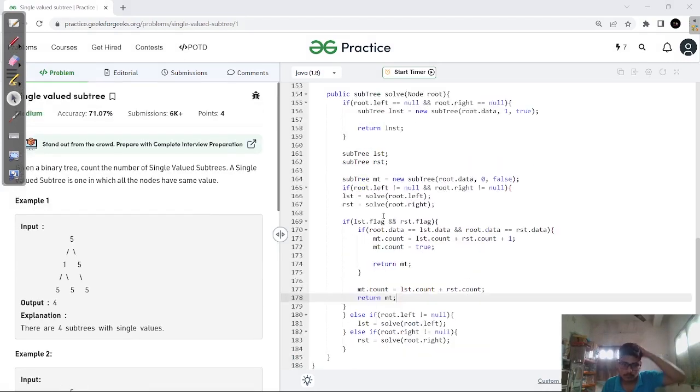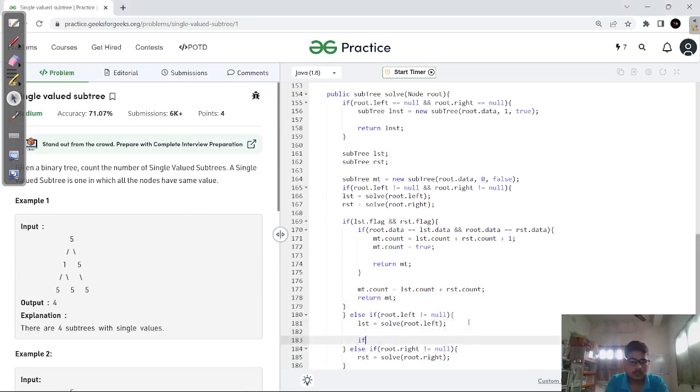So what I was doing, yeah. In this case, I will compare only with my left one because there is no right.